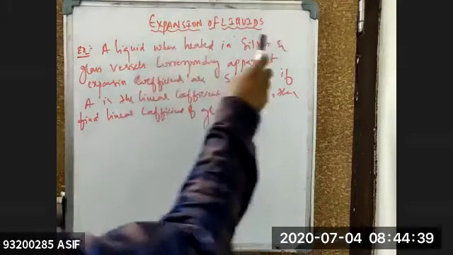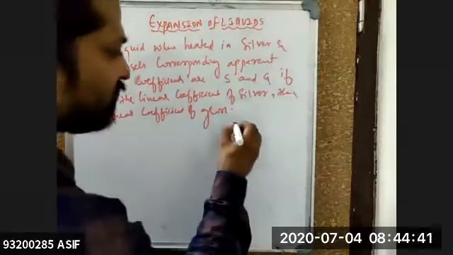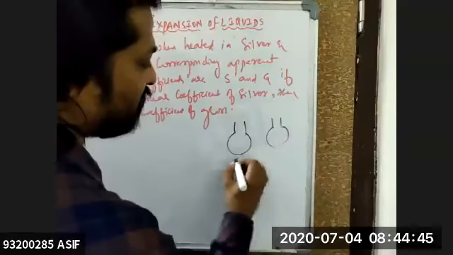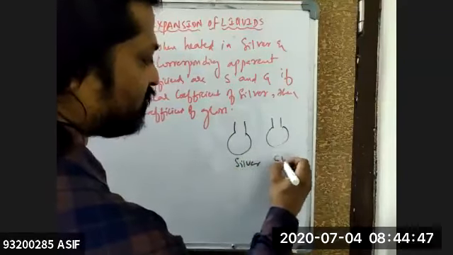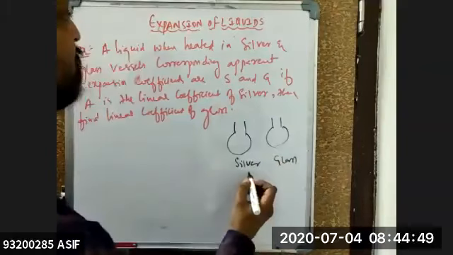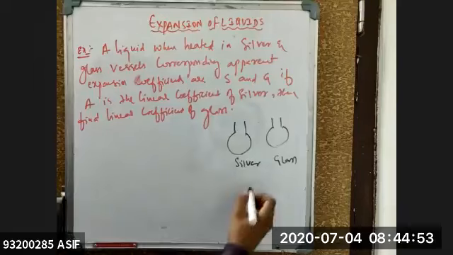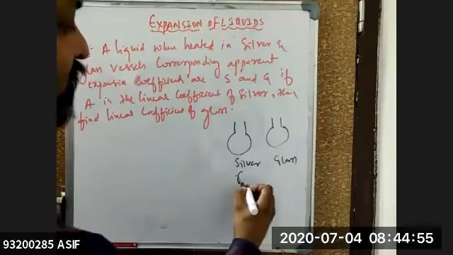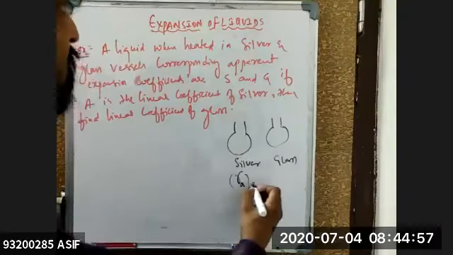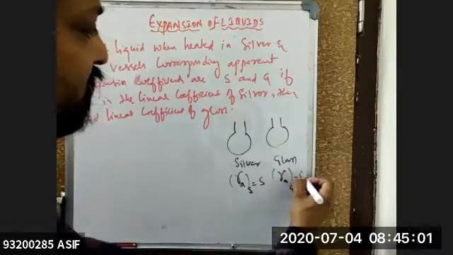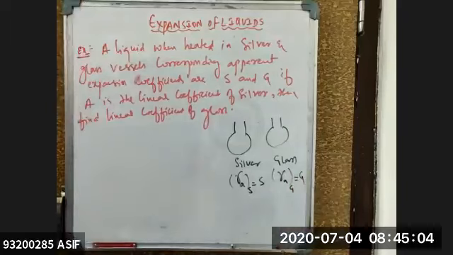A liquid is heated in a silver and a glass vessel. Say this one is your silver and this one is your glass. The corresponding apparent expansion coefficients are: apparent expansion of silver is represented by S, and apparent expansion of glass is represented by capital G. Here A is the linear coefficient of silver.